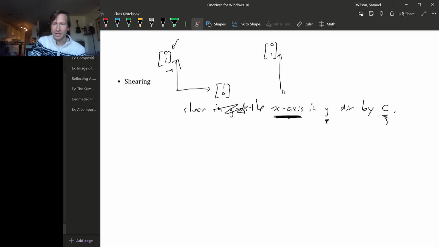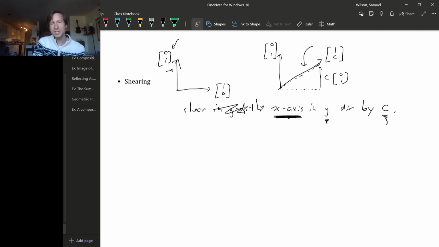So it was here, but now we're adding this vector, which is c times (0, 1), and that gives us this vector here. So this was (1, 0), but we're adding c times (0, 1), so this produces the vector (1, c).